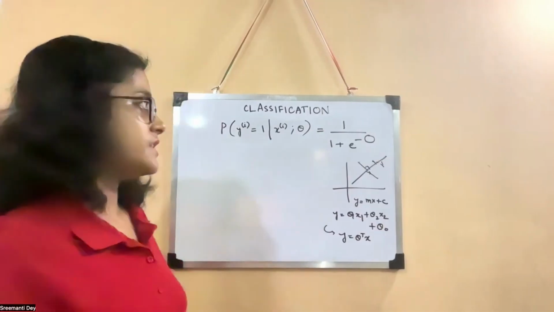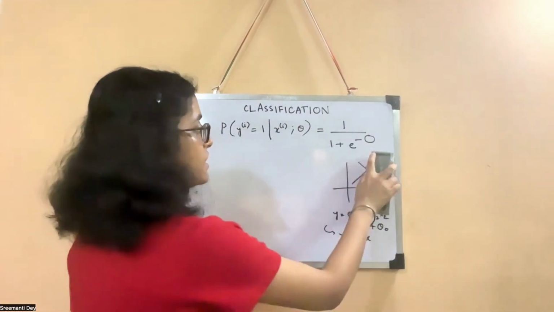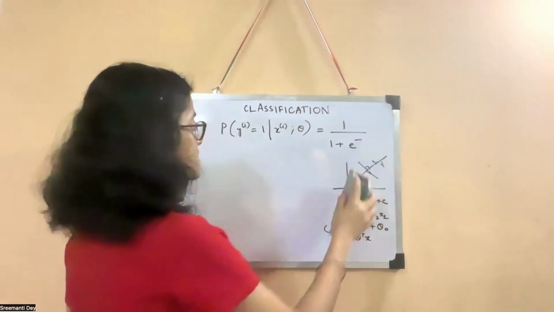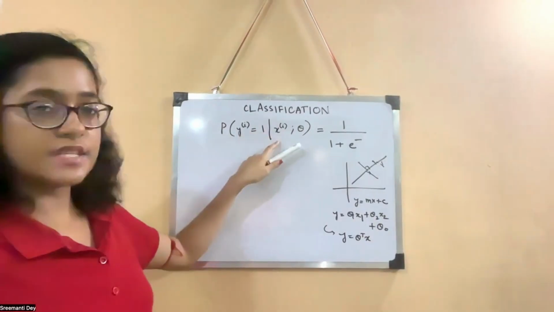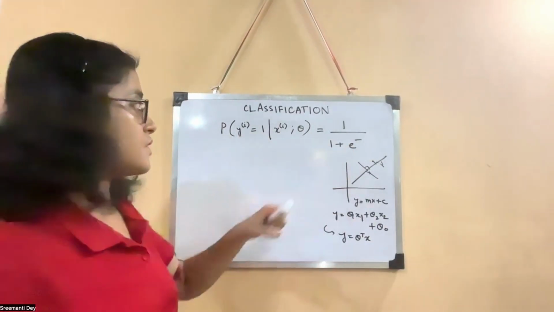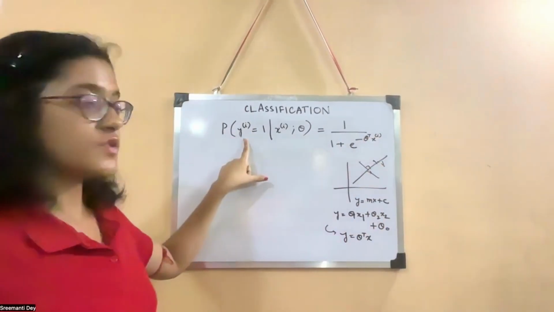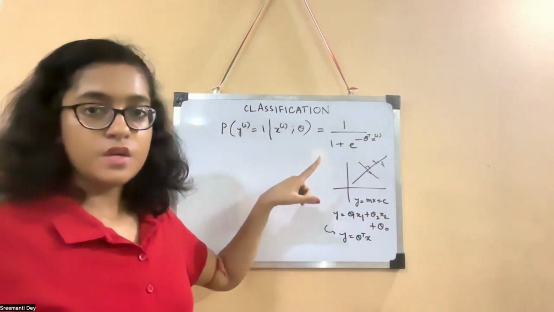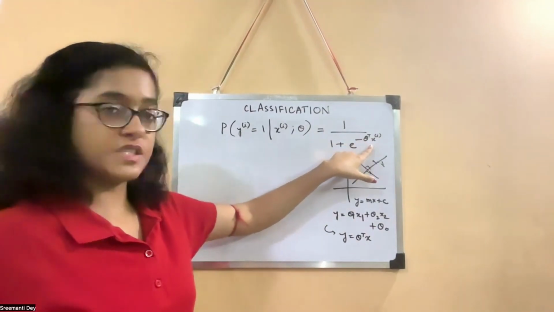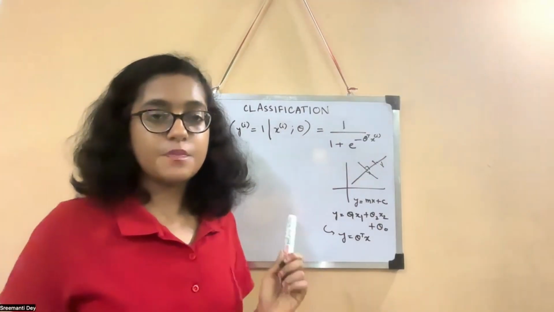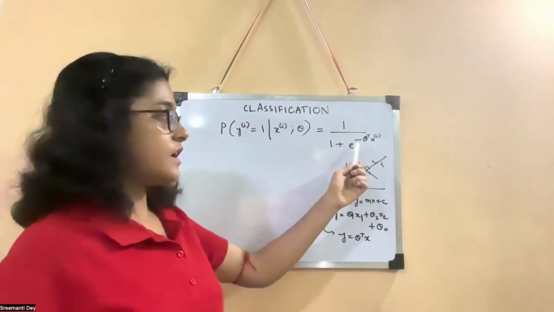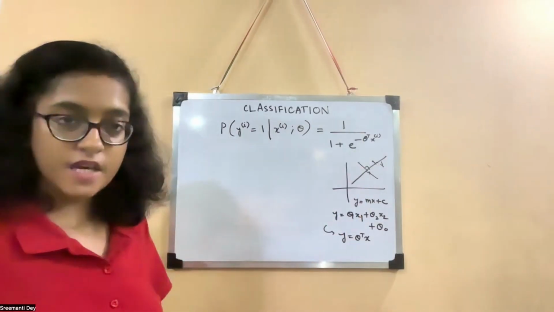Now that we know this, since this is the probability of yi given xi parameterized by theta, this is going to be theta transpose xi, because yi is 1 that we are focusing on right now. That is why this is the positive distance, 1 by 1 plus e to the power minus theta transpose xi.